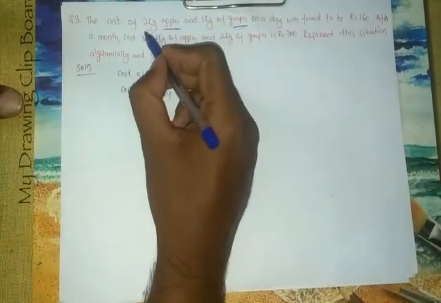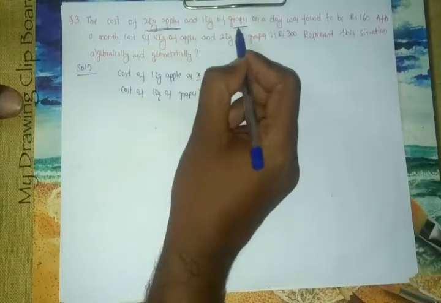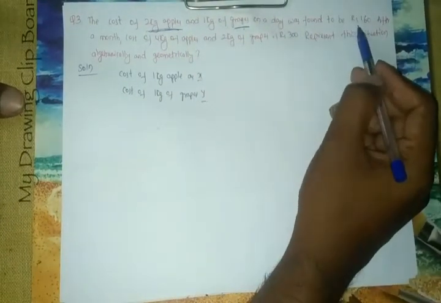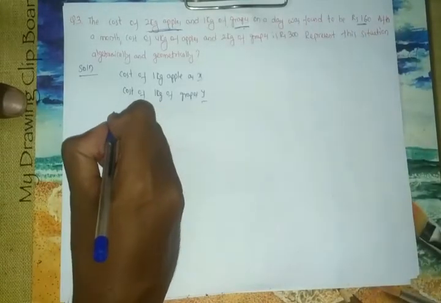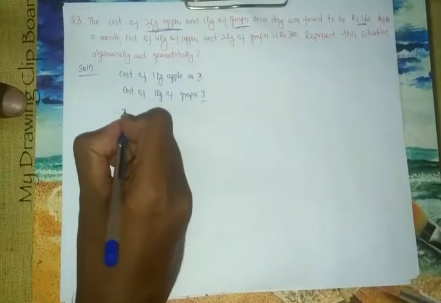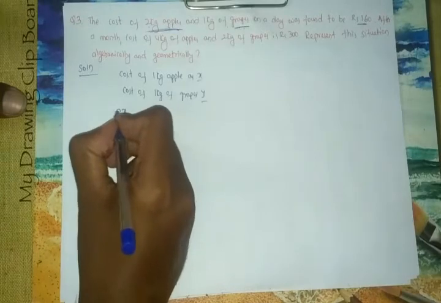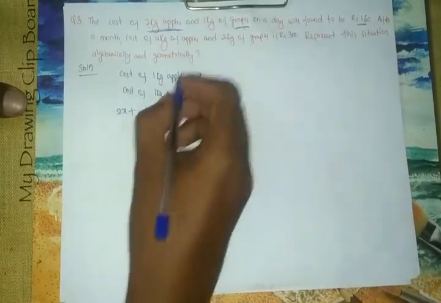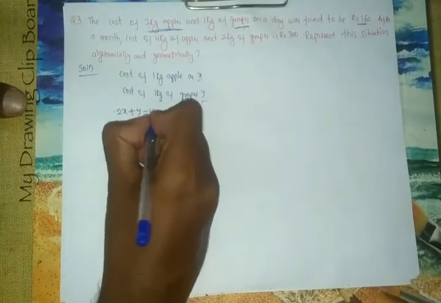Now coming to the first situation, that is 2 kg of apples and 1 kg of grapes together found to be rupees 160. So apple we have x, so 2 kg means multiply with 2, so it will be 2x plus y equals 160.